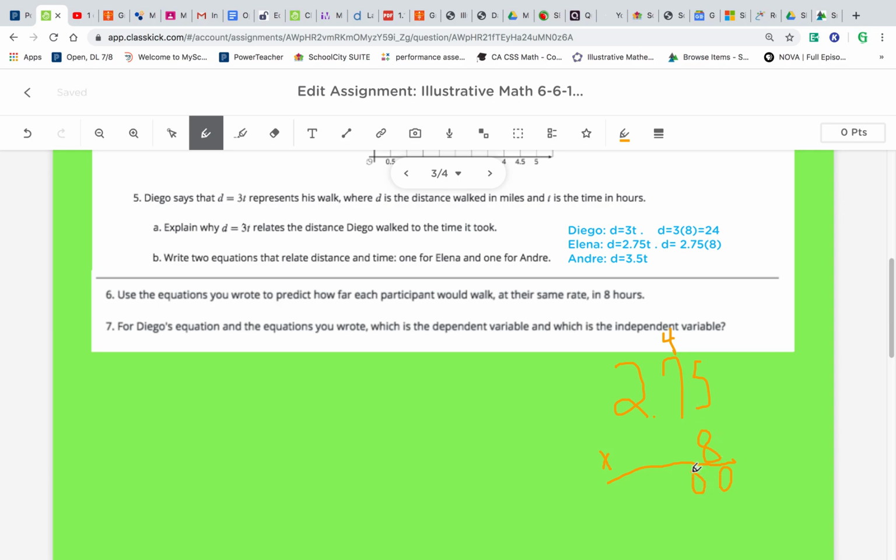So 0 and then 6. And then 8 times 2 is 16, plus 6 is 22. It's not going to be 2,200 because we have 2 numbers behind the decimal point, so we go in 1, 2. So for Elena, it equals 22.